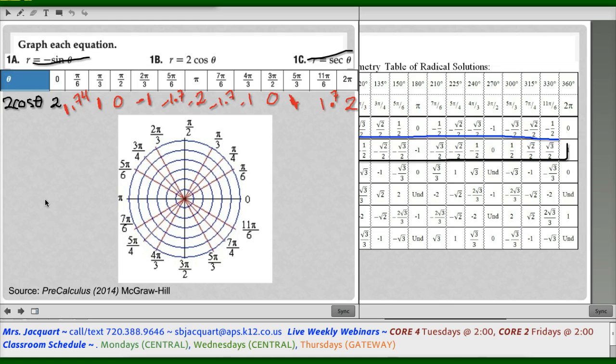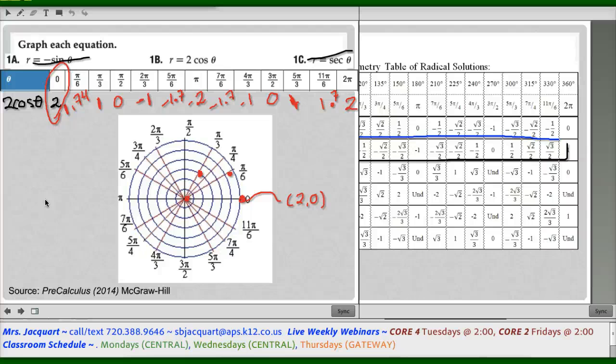So let's do it. So biggest route, this point here is 0, 2. Whoops, nope, backwards. 2, 0. Okay, so that's our first point. Then we're going to go to pi/6, 1.7. And then we're going to go to 1. Then we're going to go to 0.